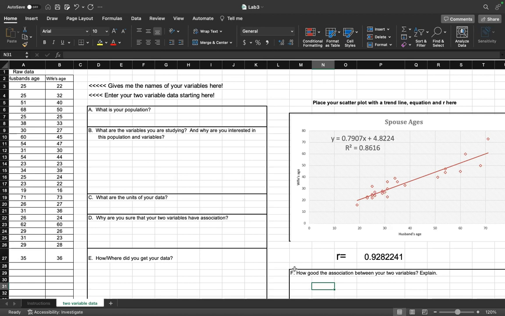Most of it is just census data, or rainfall and elevation. Or I've had people pick 20 states and look at the median house prices and the poverty level, or things like that.